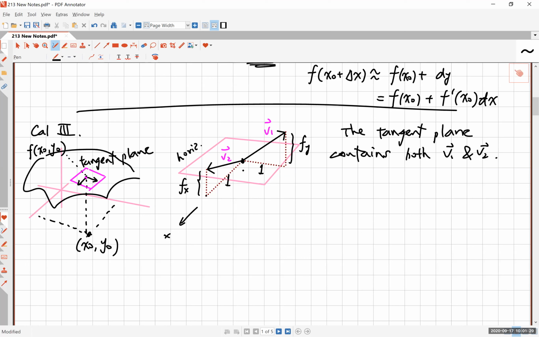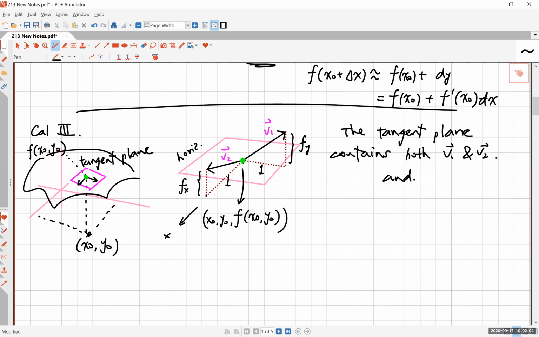Okay, now that point is f of x naught, y naught. So it's x naught, y naught, comma, right? That's this point, okay? So in other words, the point I am marking, maybe I should use a different color, this bright turquoise color, is the same point here, okay? And like I said, I'm not drawing the tangent plane over here, but the tangent plane is the plane that contains both V1 and V2.